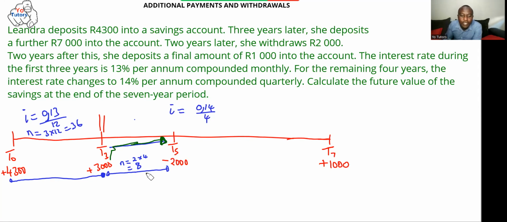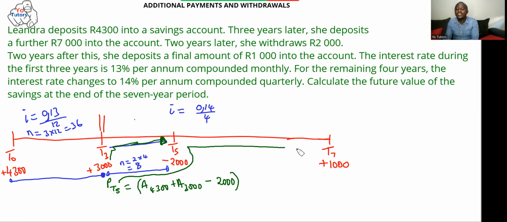So to find the principal value at T5, you are going to say: accumulated amount of 4,300 plus accumulated amount of 3,000, then minus 2,000. That's how you get your principal value at T5.